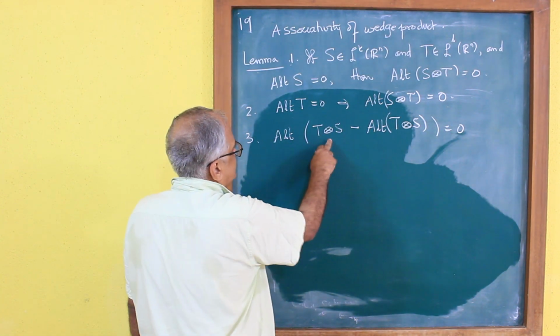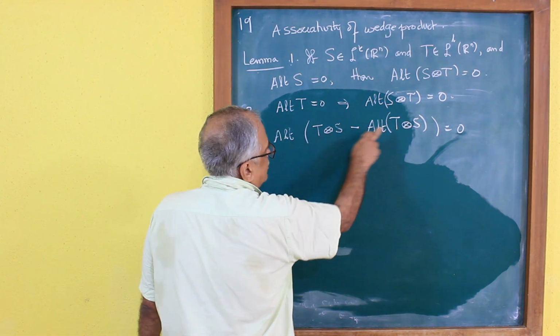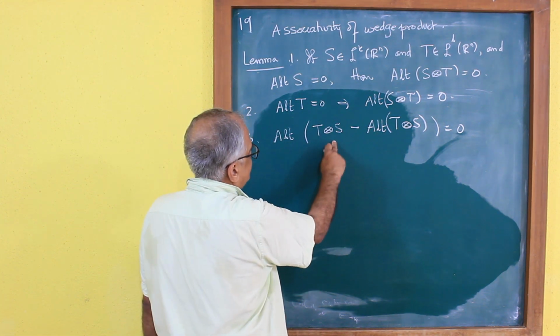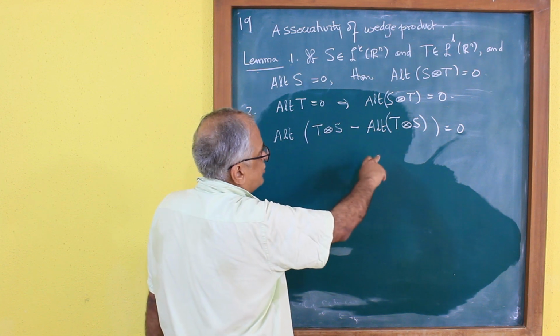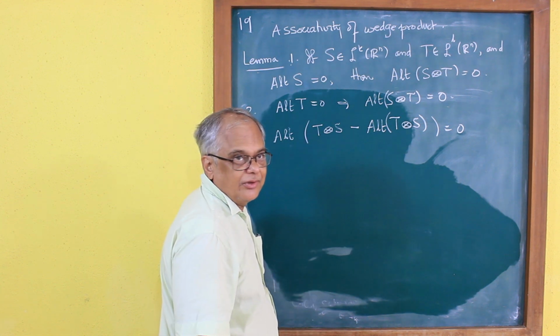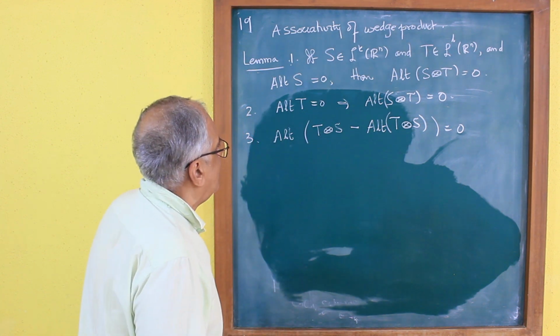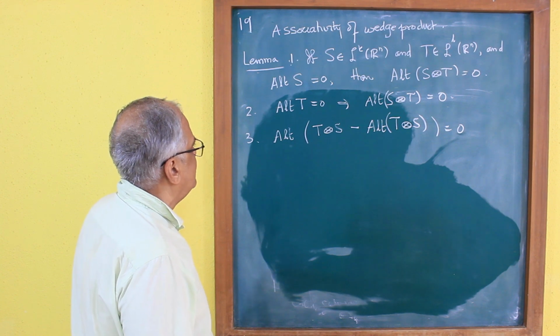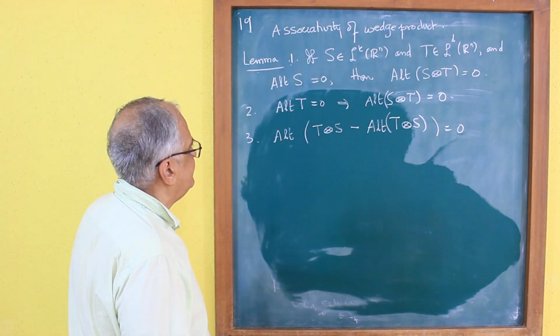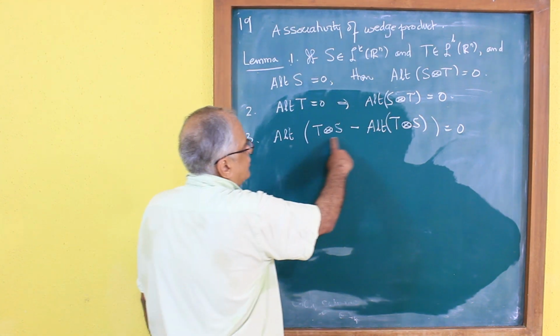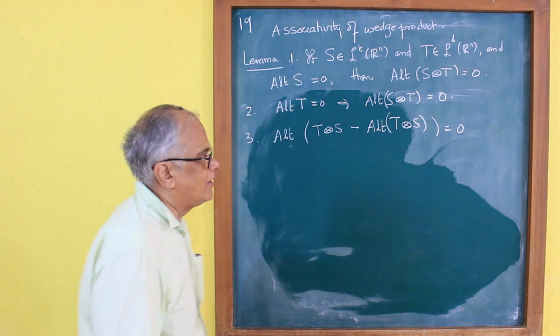Why? Because alt of something plus something is alt of this plus alt of that. So this is equal to alt of t tensor s minus alt of t tensor s, and therefore alt of alt is equal to alt, and therefore alt of this quantity is 0.